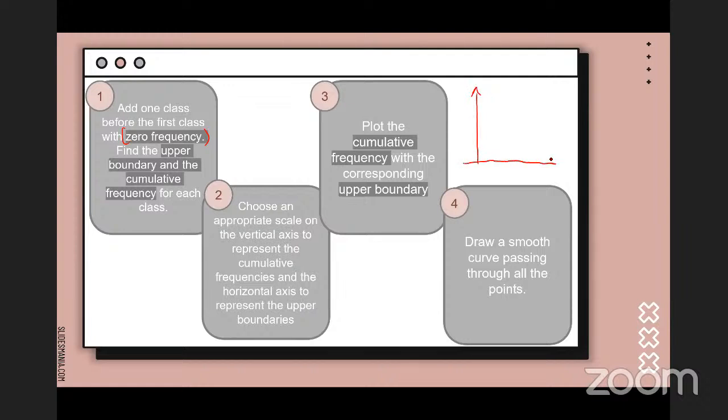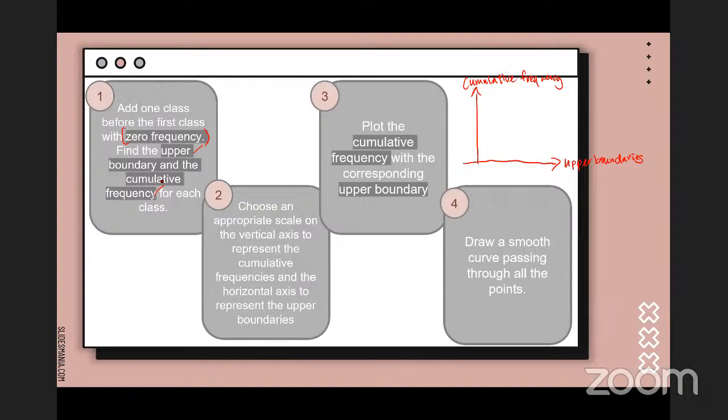Your vertical axis, your y-axis here, will be the cumulative frequency, and your horizontal axis, below here, is the upper boundary. So at first you have to find the upper boundary and the cumulative frequency so you can construct the right ogive graph.